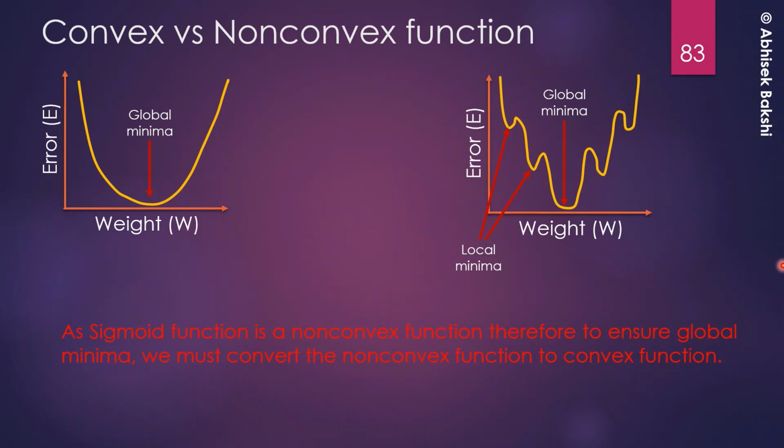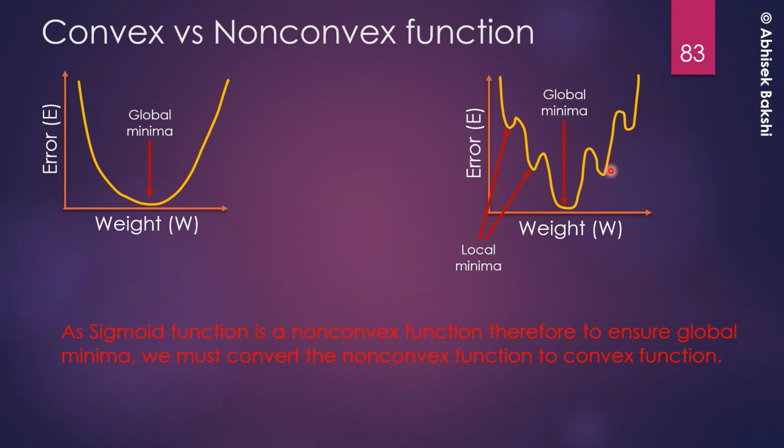Just try to understand this. On the left hand side we have an error curve that you have already experienced in gradient descent. Generally in the case of linear regression, this particular type of function is called a convex function. But when we have a non-convex function, then the error will look something like this.